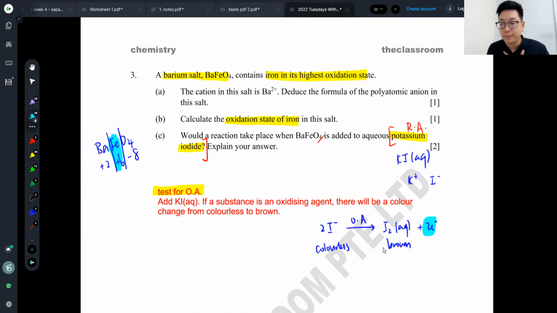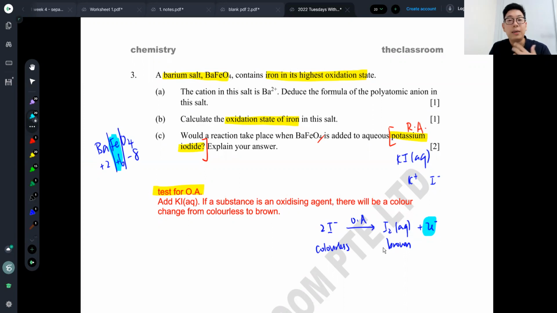Imagine I'm iodide and I give you electrons. You're going to become more and more negative. You're going to get reduced, and that makes me the reducing agent. So iron 6 can get reduced to iron 3 or iron 2. Will the reaction take place? Yes, it will. Potassium iodide will reduce the iron from plus 6 to plus 3 or plus 6 to plus 2. Hence, a reaction will take place.